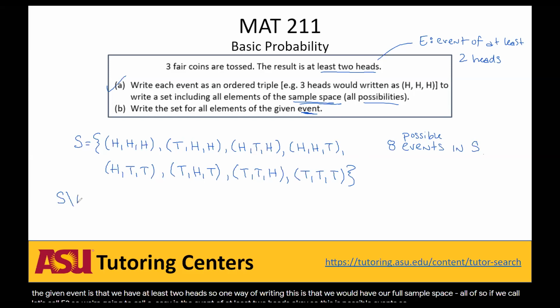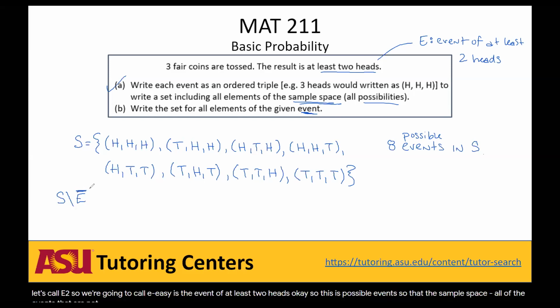We would say that the sample space minus all of the events that are not in E. That's what this bar above E means: it's the events that are not in the set of events E that we defined here.